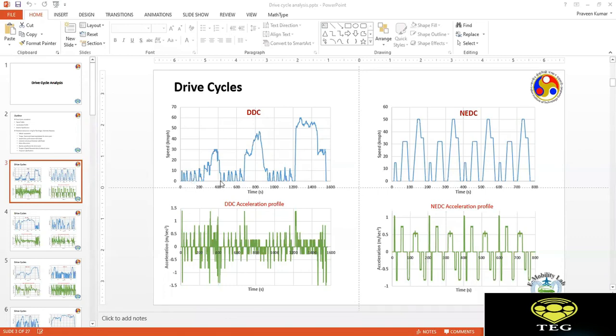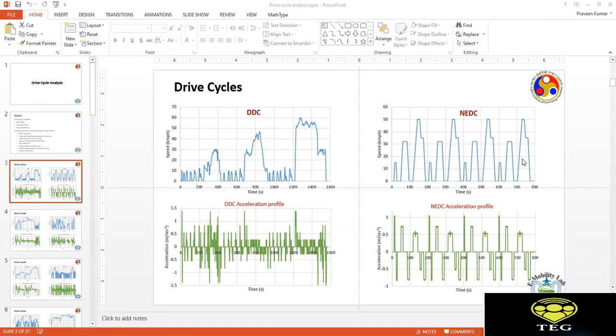Similarly, from 400 to 700, you have a region where the maximum speed is around 10 kilometers per hour, and then frequent stops. Even at higher speeds, you go up to 30 kilometers per hour, then you brake, then accelerate, brake, accelerate, brake, and so on. This is the dynamic nature that the daily drive cycle has.